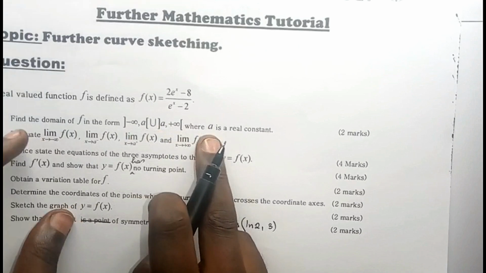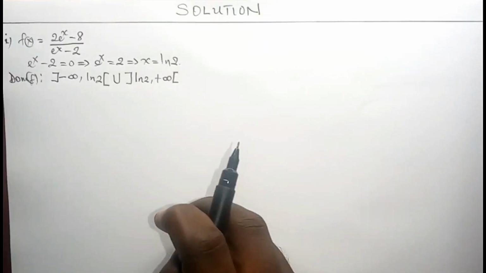So our a here is ln 2. That was for 2 marks.